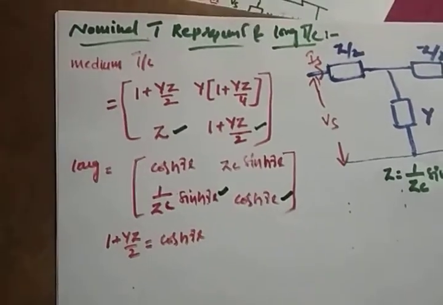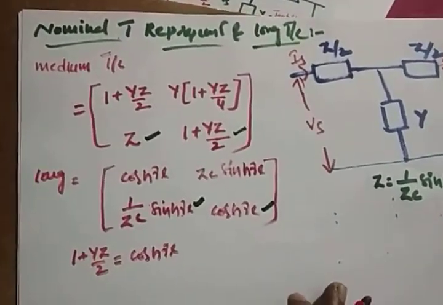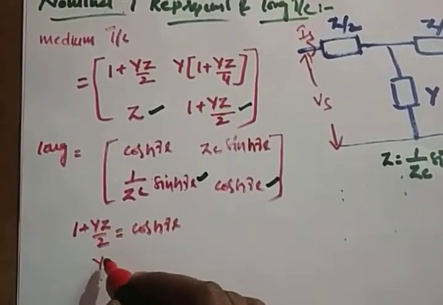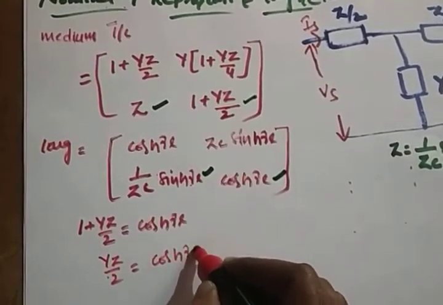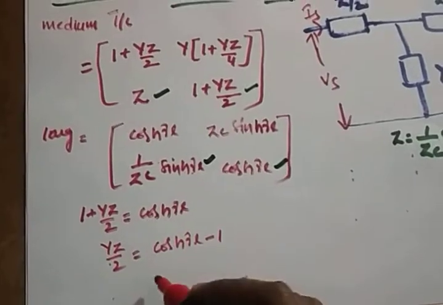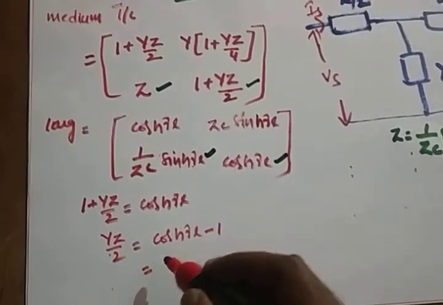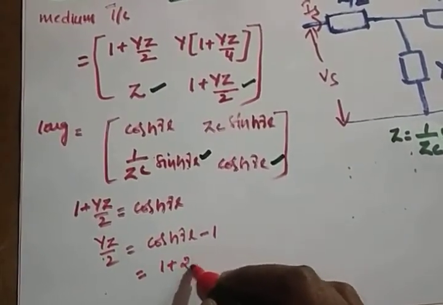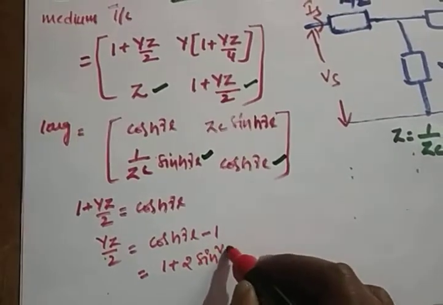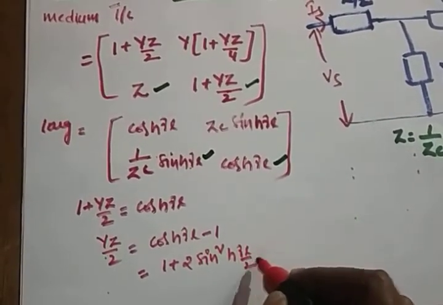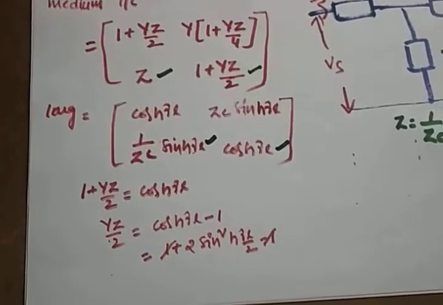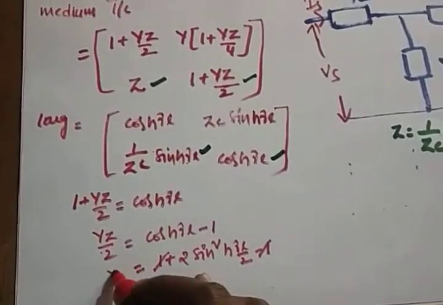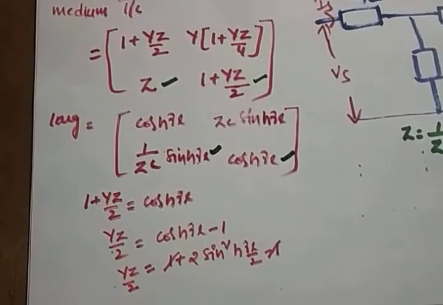The same formulas that you are going to substitute here. Right? So YZ by 2 is equal to cosh gamma l minus 1. How can you write cosh gamma l? 1 plus 2 sinh square gamma l by 2, minus 1. The 1 gets cancelled, right? YZ by 2.